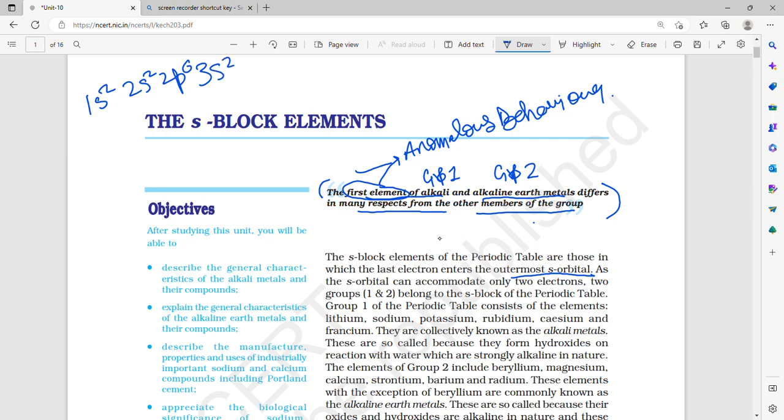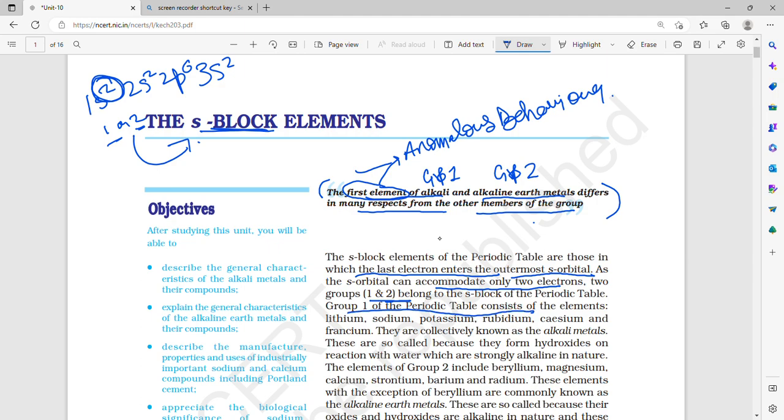When the last electron enters the s orbital, those elements are put under group 1 and 2, and they are the s block elements. As the s orbital can only accommodate 2 electrons, two groups, group 1 and group 2 of the periodic table, belong to the S block.